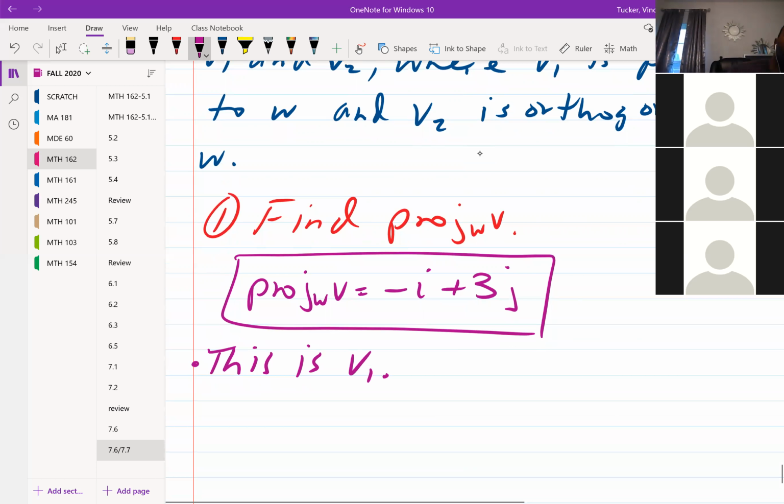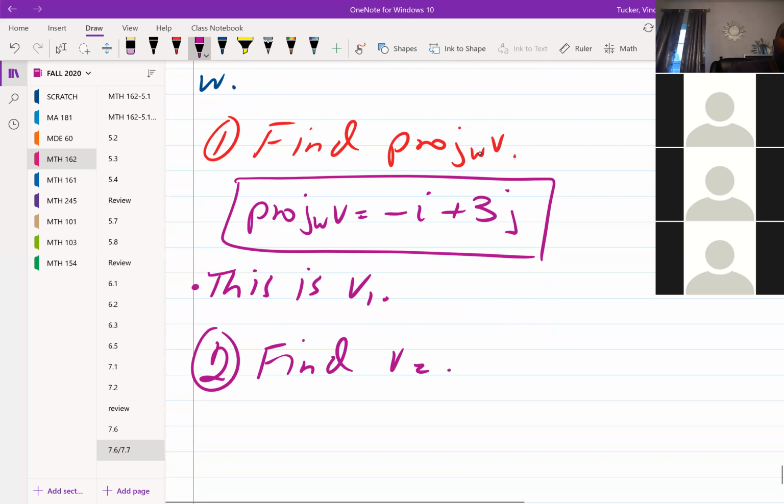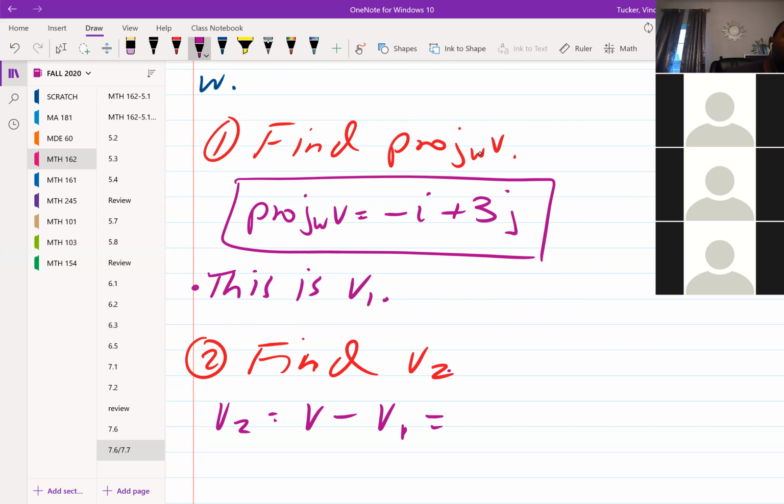So now find v2. I wanted that to be red, so I'll keep that. And so v2 is going to be v minus v1, 2i + 4j minus the quantity -i + 3j.